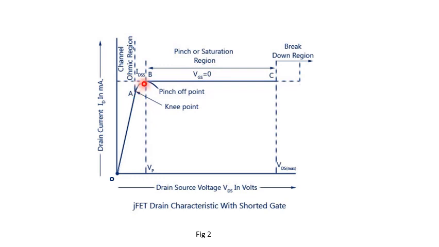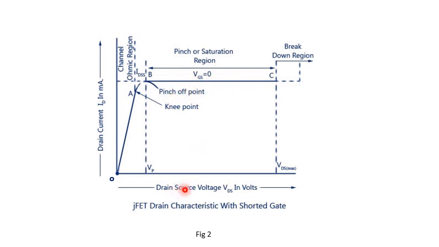So it is not a sharp or linear variation, but it is in the form of a curve. This point A is known as the knee point, and after a certain point, that is the point B, the drain current becomes almost constant, independent of the variation in drain source voltage. It becomes absolutely constant.